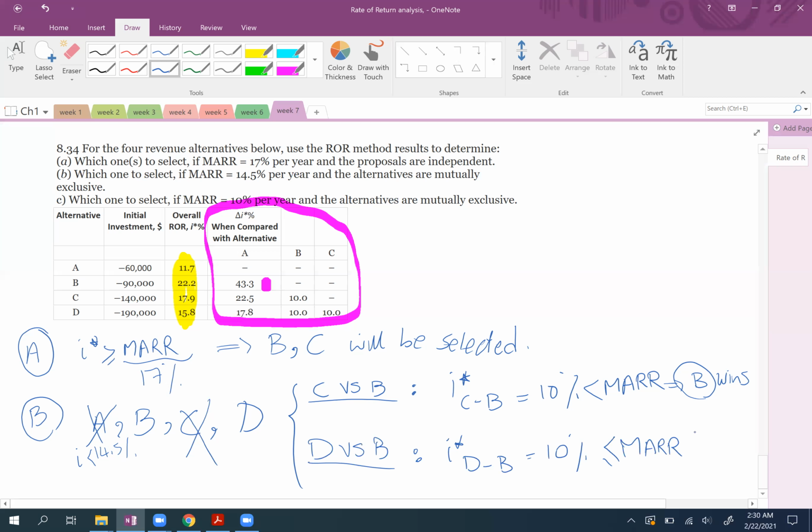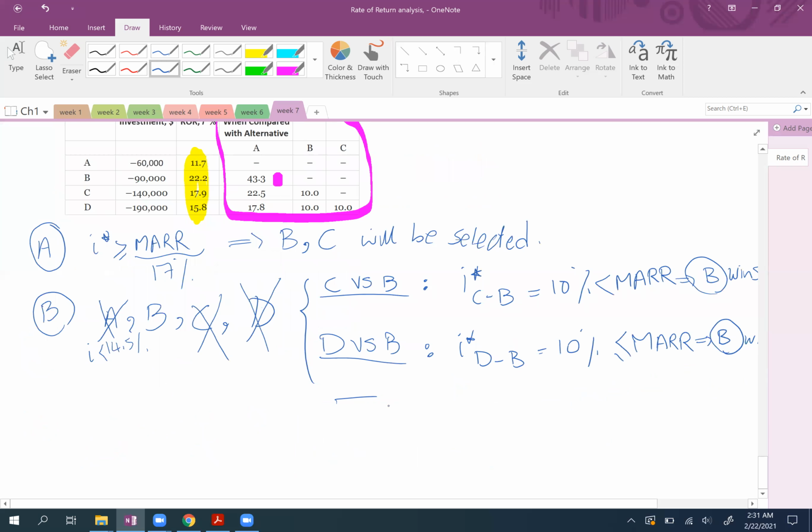It means B again will be selected in this round. I'll go back to this list and eliminate D. So finally, B is the champion of this round. Okay, that is the answer for part B.